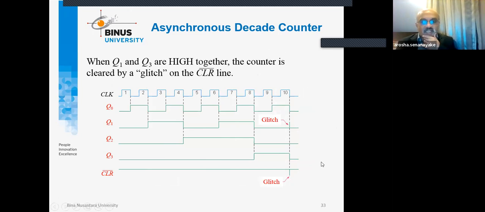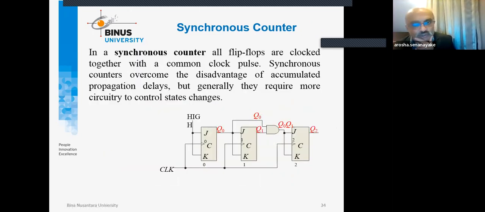So in that manner, we can also have synchronous counters. In that case, all counters are active based on the first clock pulse received. But then we have to control the counter, because what we need in this case is counting one by one.